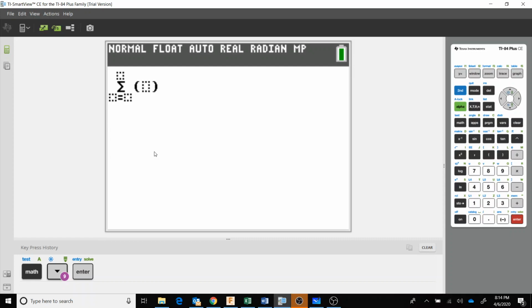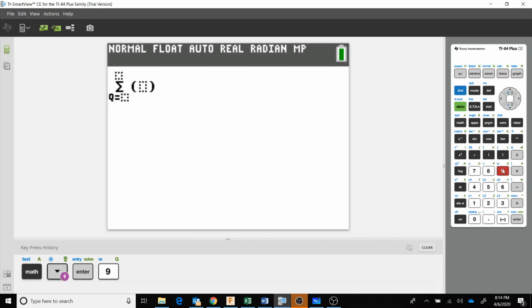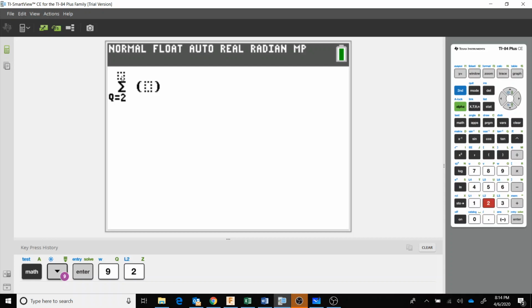And you can see right now it's flashing and saying, hey, what alphanumeric would you like to use? I'm going to pick W, I think. Oh, I picked Q. All right, and let's say my problem said, hey, Q goes from 2.